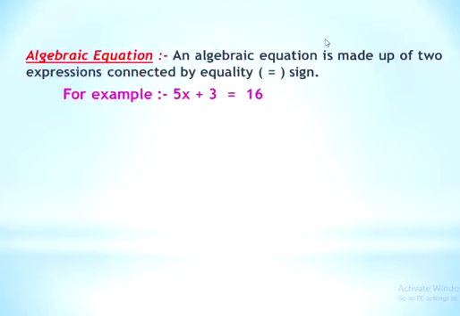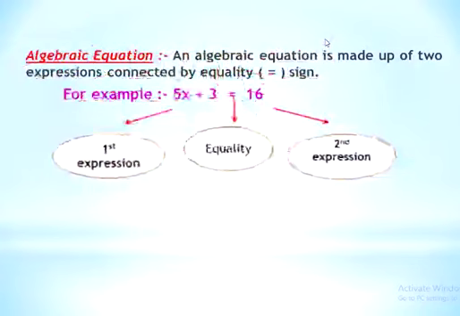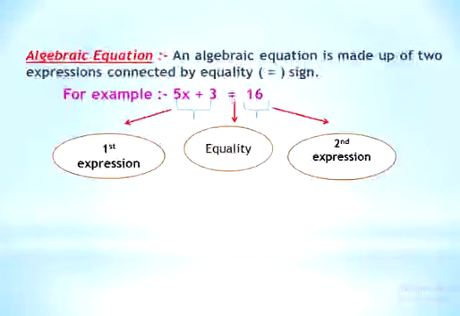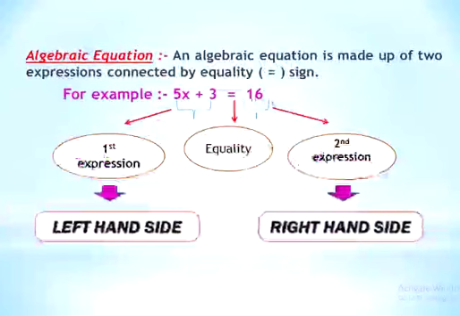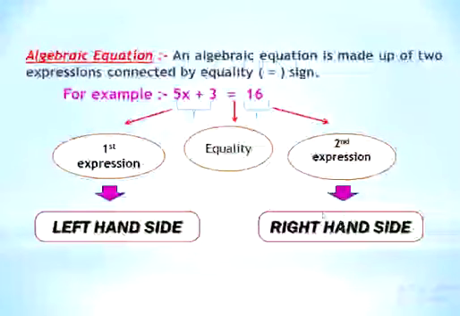Here 5x plus 3 is the first expression and 16 is the second expression, and between them there is the equality sign. The first expression is the left hand side, and 16, the second expression, is the right hand side. So this is called an equation because it is made up of a first expression and a second expression.